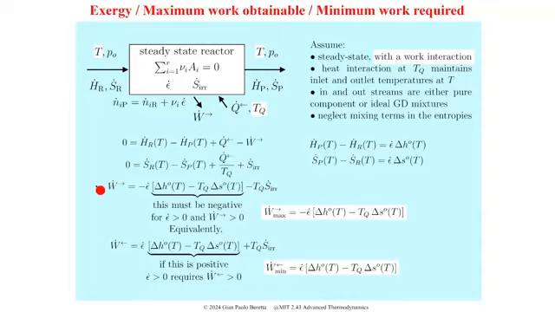Sometimes you cannot extract work, but you actually need to spend work in order to make that occur. This is the minimum work you need to spend. And if you have irreversibility, that will detract, and now this sign becomes plus, and it will add up to the minimum. So in practice you spend more work than the minimum requirement.